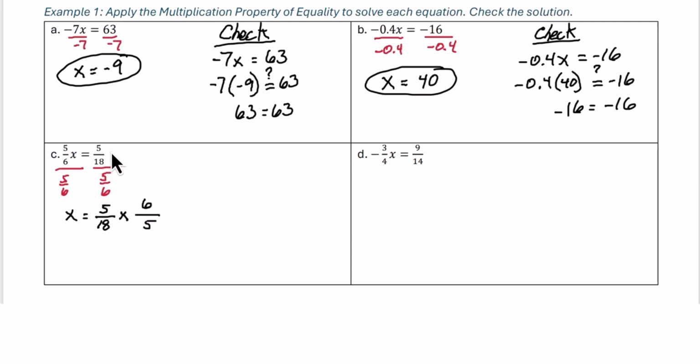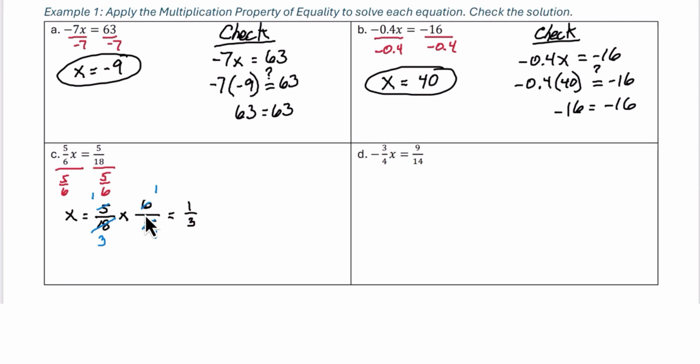Keep the first one the same, change to multiplication, and multiply by the reciprocal of the second fraction. Now we can reduce before we multiply. 5 goes into itself once, 6 goes into itself once, and 6 goes into 18 3 times, leaving us with x equals 1/3.